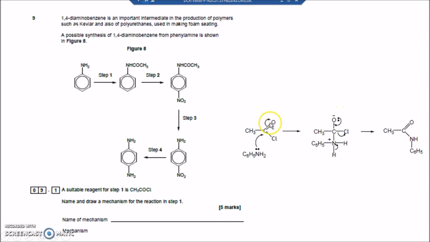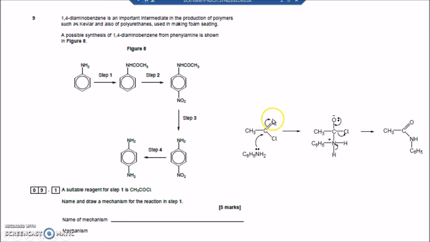It forms a minus charge because electrons are moving onto the O. The N becomes plus because electrons are going away from the N. So you can see the N has now got a plus, and the O that's had electrons moved onto it has got a minus. The pair of electrons in the bond are now on the O.